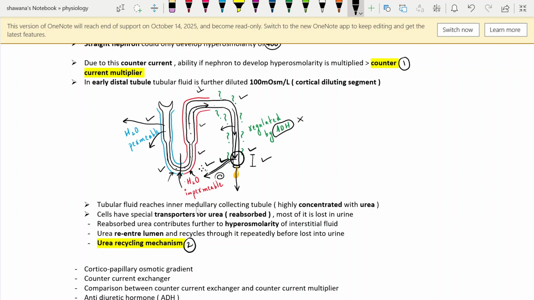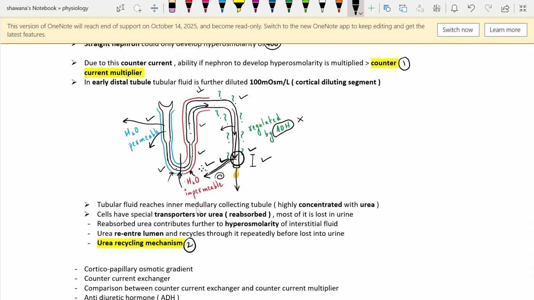It is very different from the urea cycle, that is something in biochemistry, but now we are discussing the urea recycling mechanism, right?